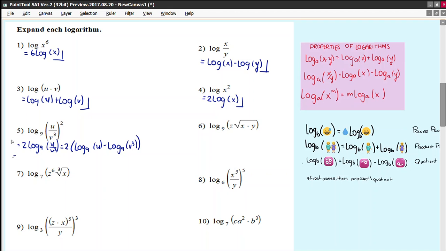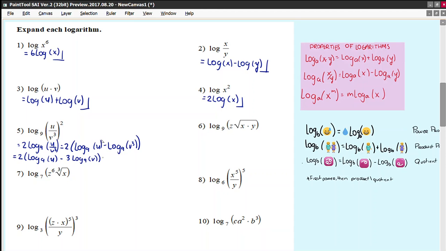So this is 2 times the logarithm base 9 of u minus, I'm going to plug the exponent outside as a number multiplying my logarithm, base 9 of b. Now, all my arguments are without powers, products, or quotients, so I can just finish my simplification by applying my distributive property, because this 2 is affecting both terms.